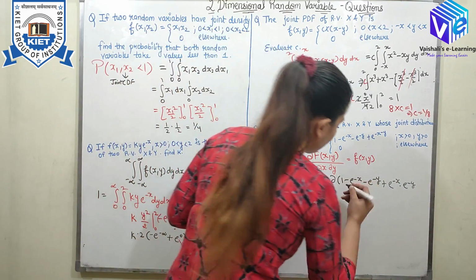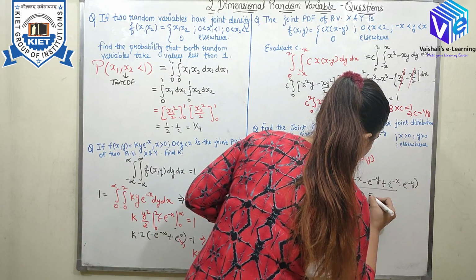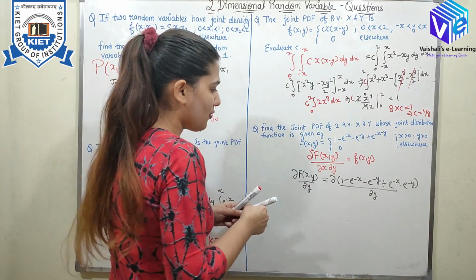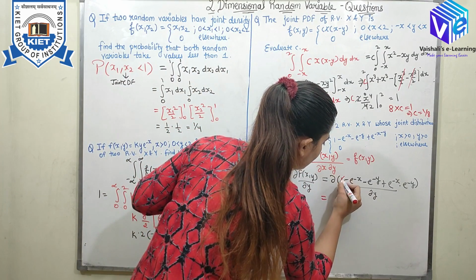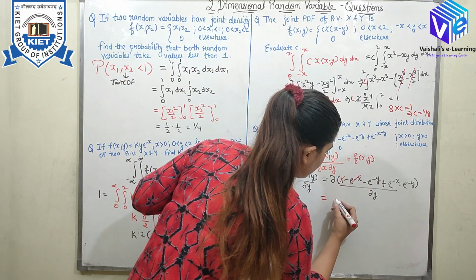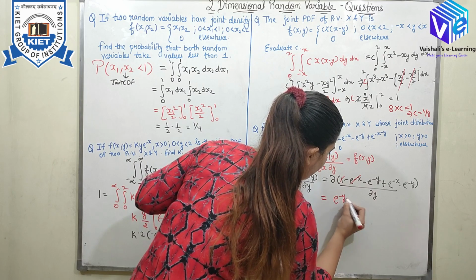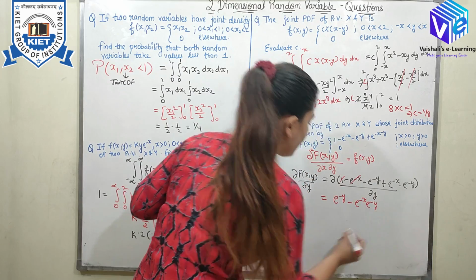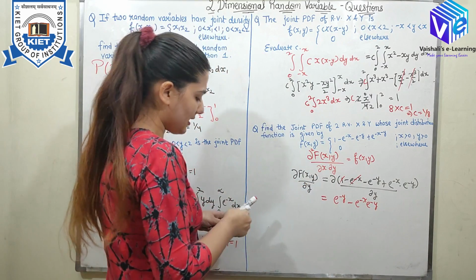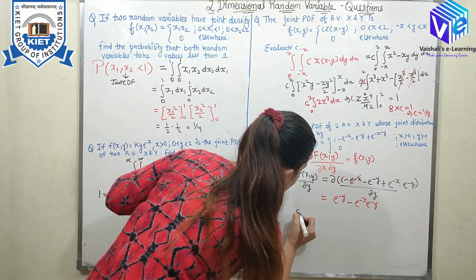Now I have to differentiate it with respect to y, again taking x as constant. So this term would turn out to be 0, this would turn out to be 0. So it is e raised to power minus y minus e raised to power minus x e raised to power minus y. Now again I have to differentiate with respect to x.